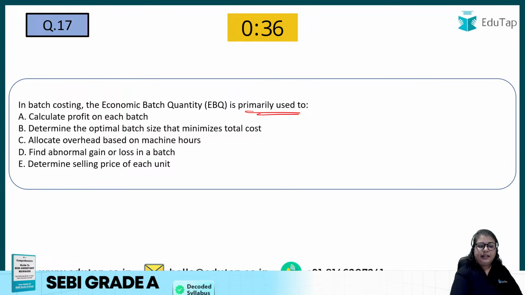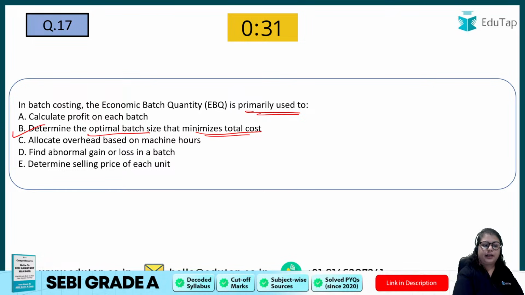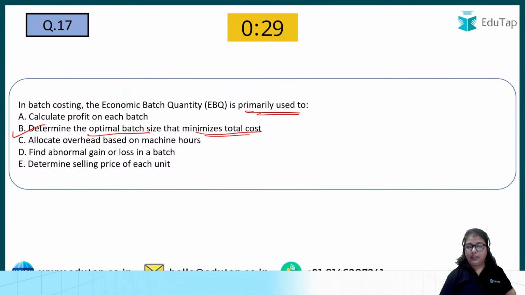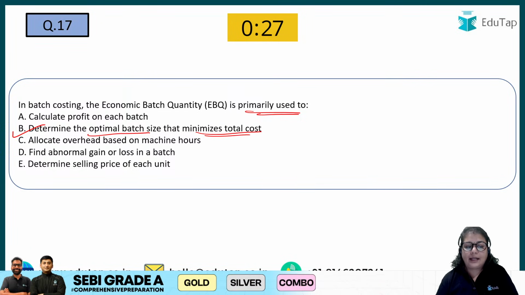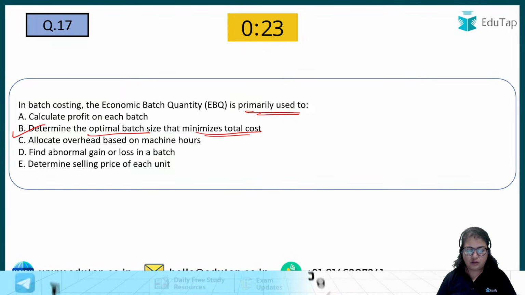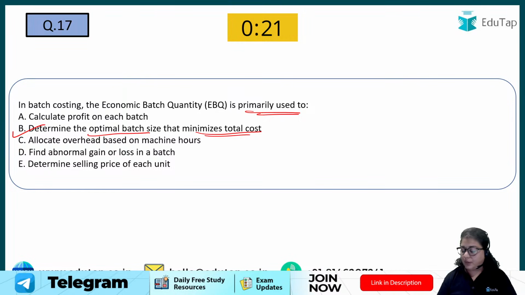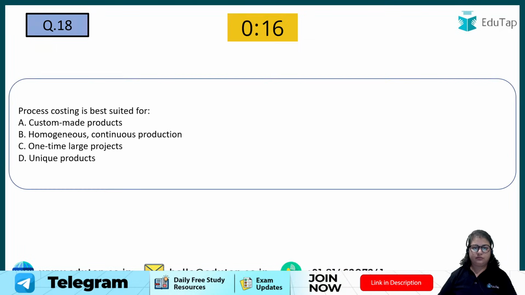So determining the optimal batch size that minimizes the total cost is my answer. That is B, determining the optimal batch size. All the other options are not related to economic batch quantity. So hence B is the correct one. Everybody has given the answer correctly. A very good thumbs up to you all.